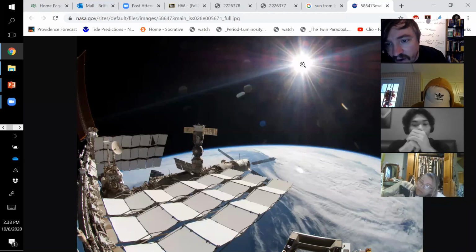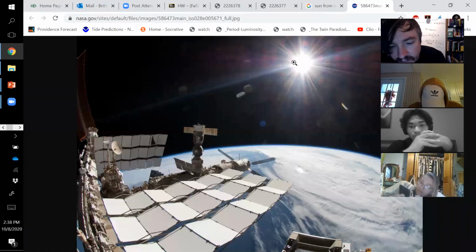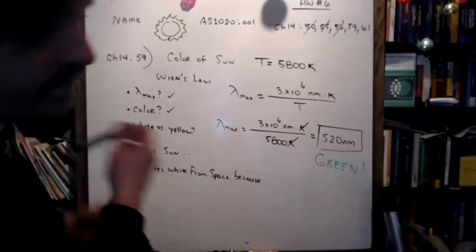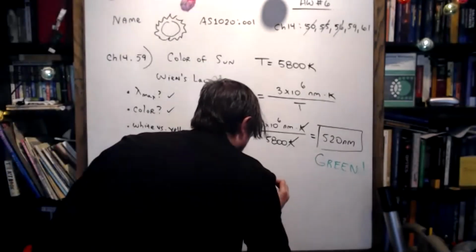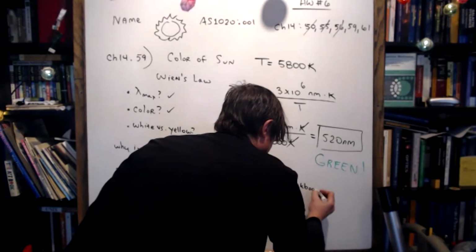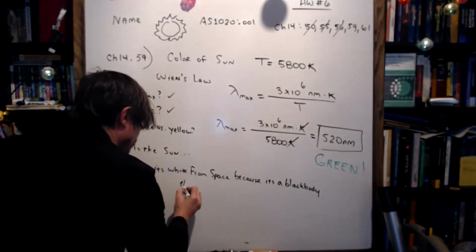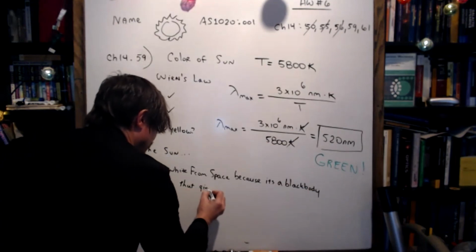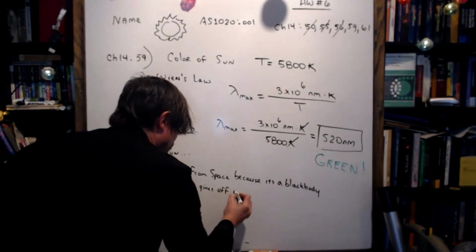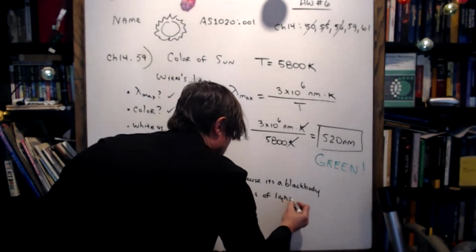It's not just containing only green, but it's mixing together all the different colors of the EM spectrum so that it comes out as very uniformly white. And a black body gives off all wavelengths of light.